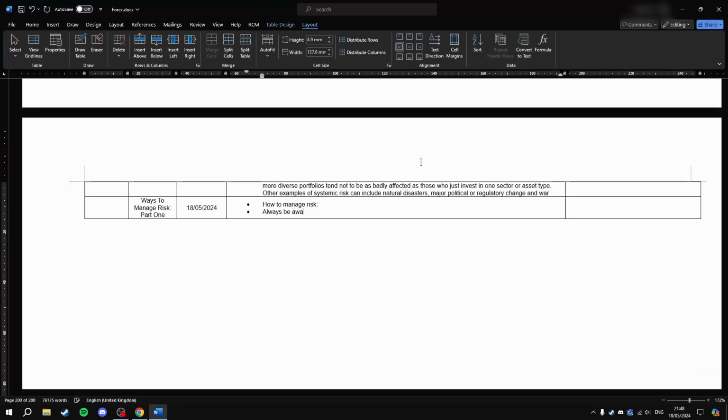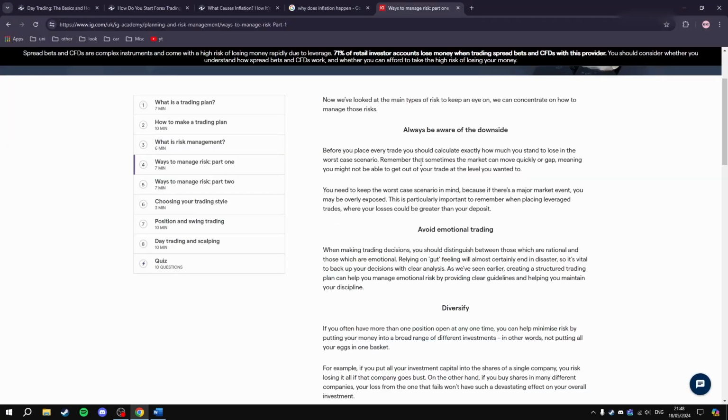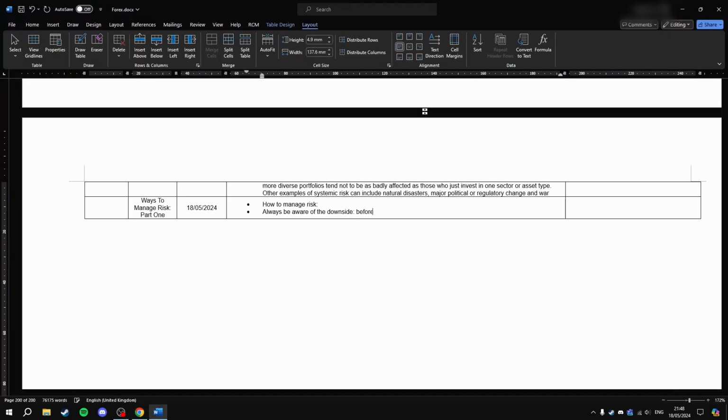Always be aware of the downside. You should calculate how much you stand to lose in the worst case scenario before you place every trade.